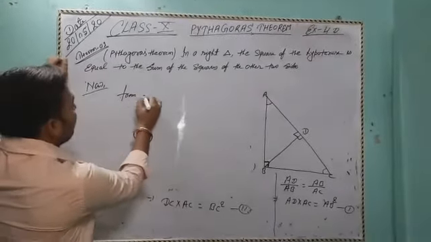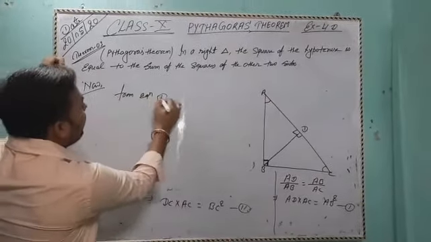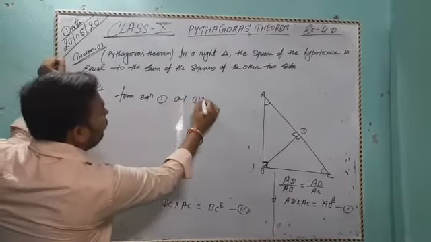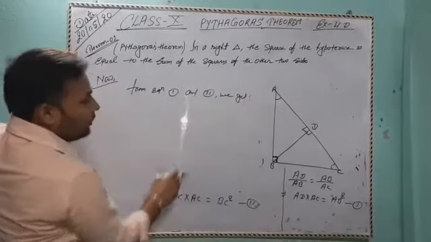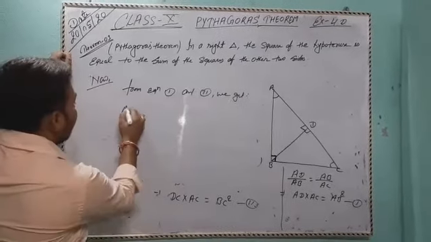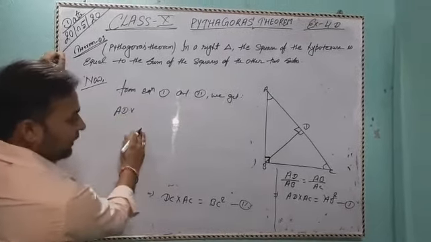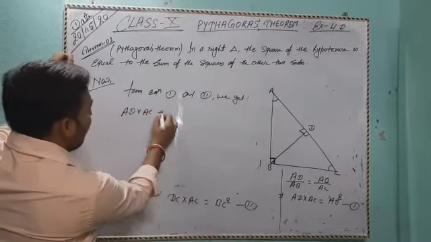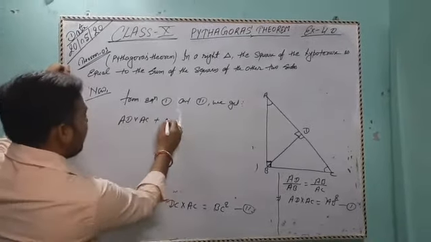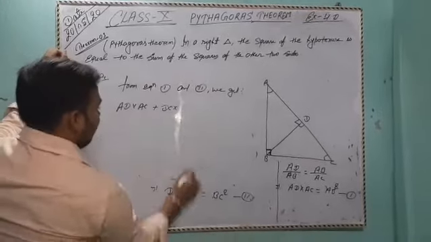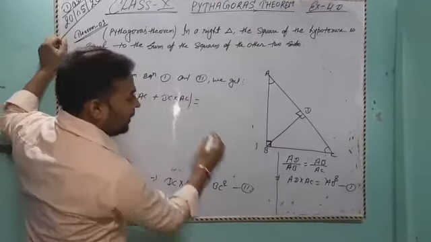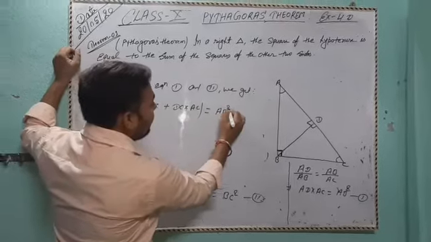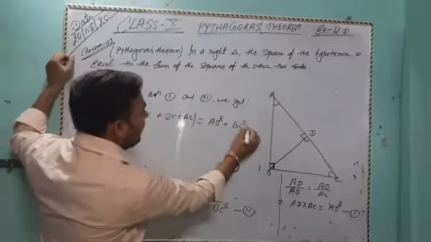Now from equations 1 and 2 we get AD multiplied by AC plus DC multiplied by AC equals AB square plus BC square.